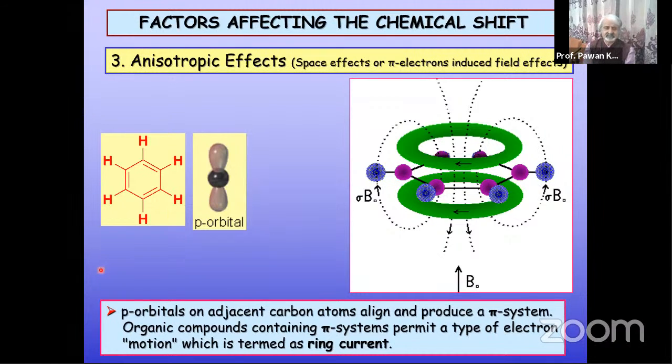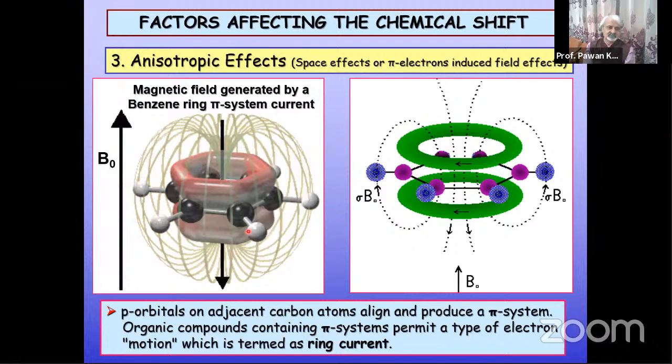We can see it in another diagram. Let us see here. So here you see this black carbon is having the p orbitals. And so all these p orbitals, they make a ring current. And this arrow is pointing the direction of the induced magnetic field, that is from top to bottom, against it. And this B0 is the direction of the applied magnetic field. So that means in this case, this hydrogen, which is from carbon to hydrogen and pointing outwards, suppose that our chemistry gets so advanced that we can take this hydrogen inside, that means this hydrogen is not pointing outward, but it is pointing inside the benzene ring.